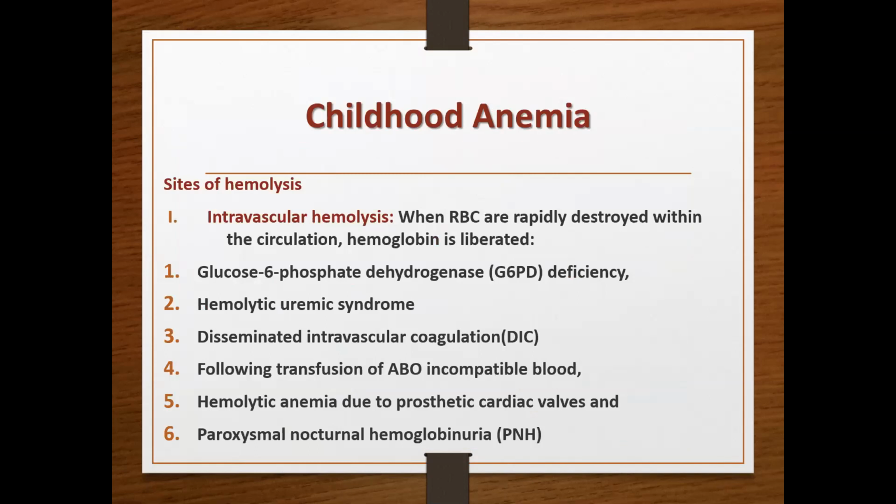What are the sites of hemolysis? First, intravascular hemolysis, when the RBC are rapidly destroyed within the circulation with liberation of hemoglobin, like glucose 6-phosphate dehydrogenase deficiency, hemolytic uremic syndrome, disseminated intravascular coagulation, following a transfusion of ABO incompatible blood, hemolytic anemia due to prosthetic cardiac valves, and paroxysmal nocturnal hemoglobinuria.